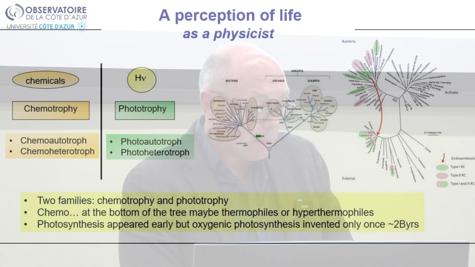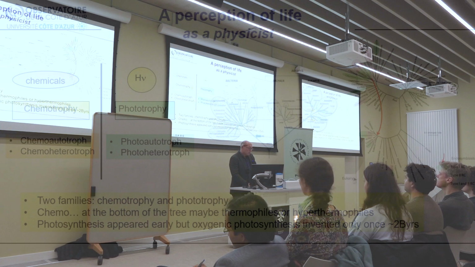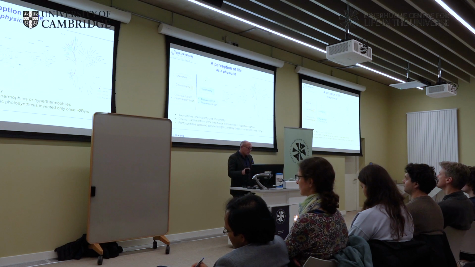What we concentrated on, of course, for Enceladus is on that left part. Okay? On Enceladus, you have no light, so it's like the bottom of the ocean. So clearly that's the right family we are interested in. And that's where we started to make those calculations. From an evolutionary standpoint, there is an argument in the evolutionary community whether photosynthesis appears first or not.